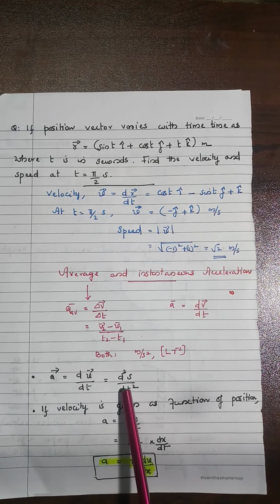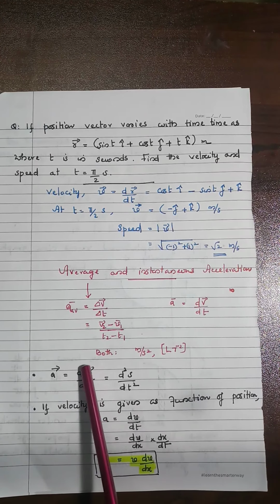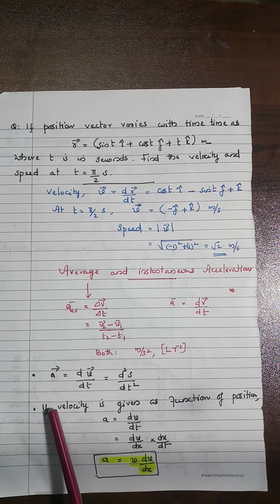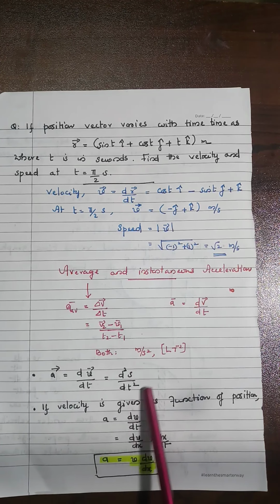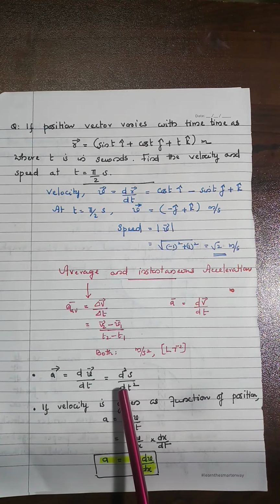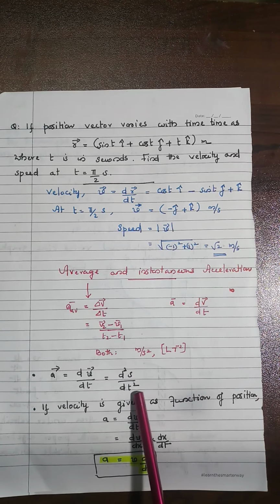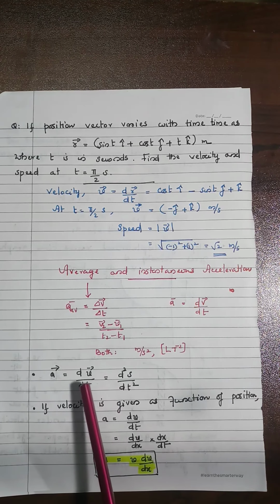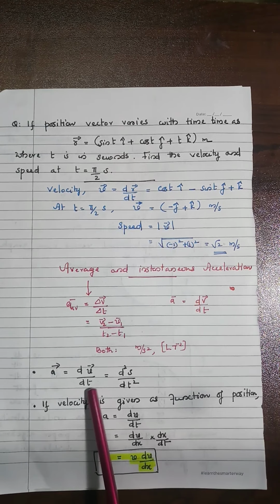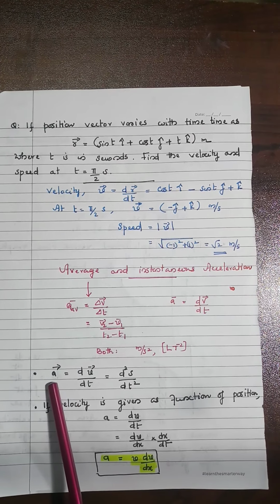If we express velocity as ds by dt, we can say the second differential of displacement with respect to time, or the first differential of velocity with respect to time, is called acceleration.